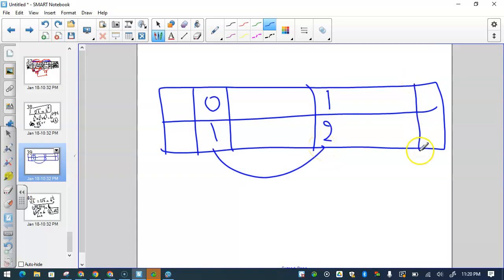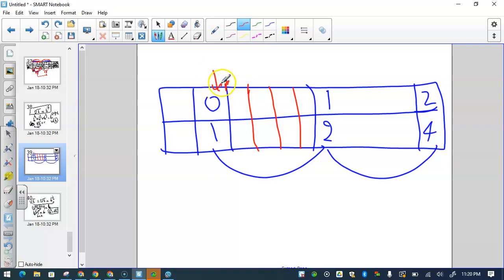And then if it was 2, then 2 times 2 is 4. So what about in between? Let's say I can split this into 4 more parts, and you can clearly see this is 0, this interval from here to here is 1/4, this one is 1/2, this one is 3/4, and this is 1.